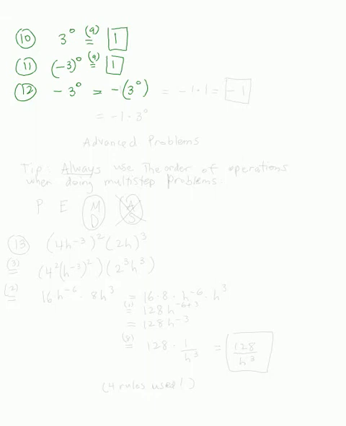The way you can remember this is whenever you see a negative with a 0 or with a power at all, that's actually -1 times the power. We could have also written it like this. That's the same thing. No matter how you write it though, the fact remains you have to do the exponent first. So 3 to the 0 is 1. So in fact, we end up with -1 times 1, which is just -1.